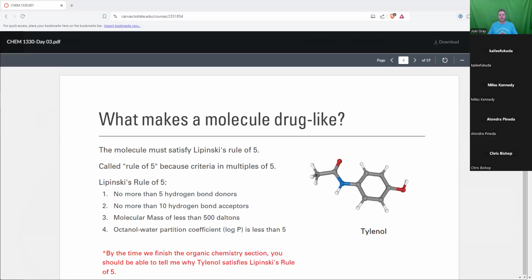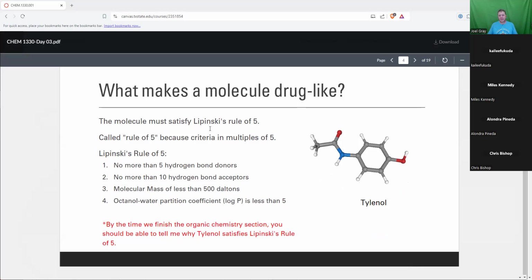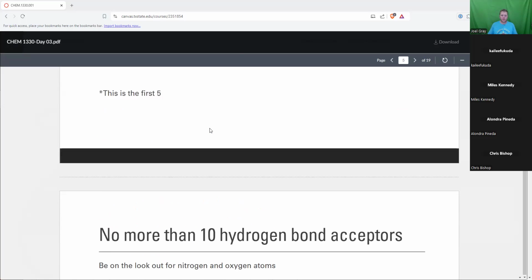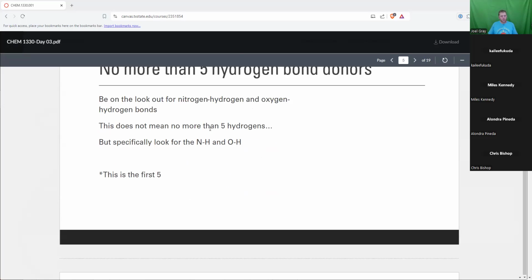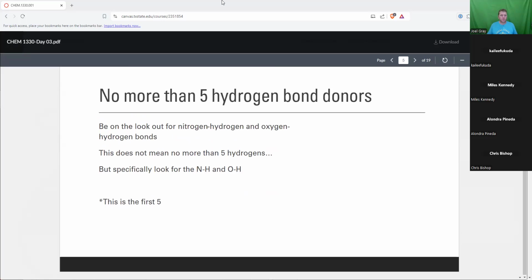Because these typically are going to be what they're looking for. Now, what we need to know for this is what is a hydrogen bond donor and what is a hydrogen bond acceptor? Whenever you're looking for a hydrogen bond donor or acceptor, basically what you want to do is look for something like this.